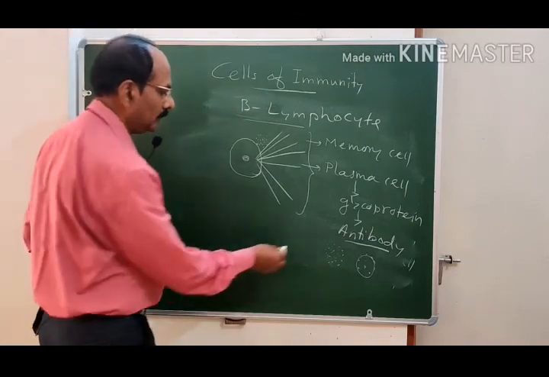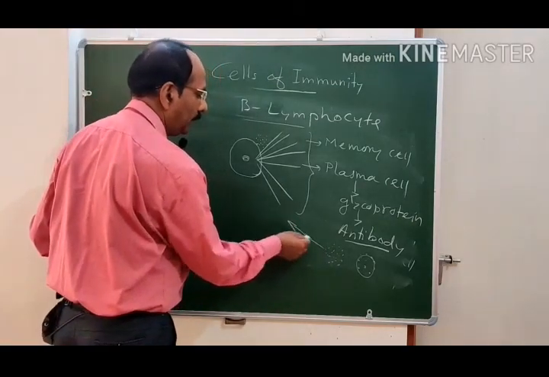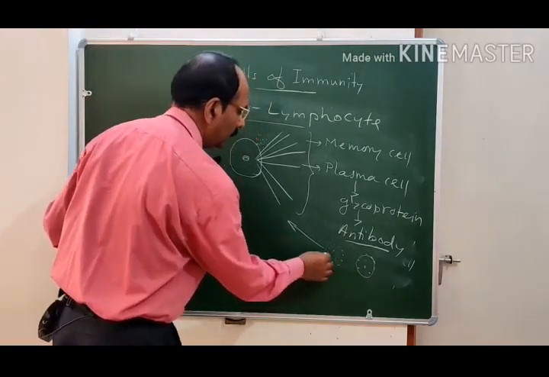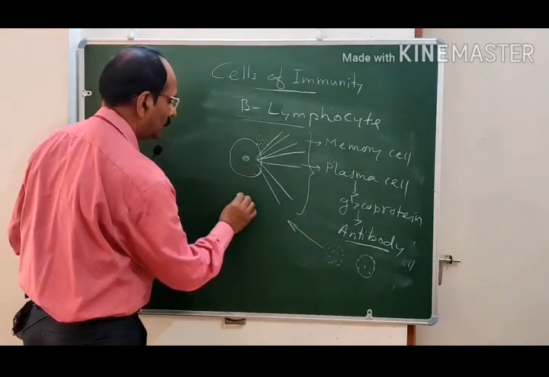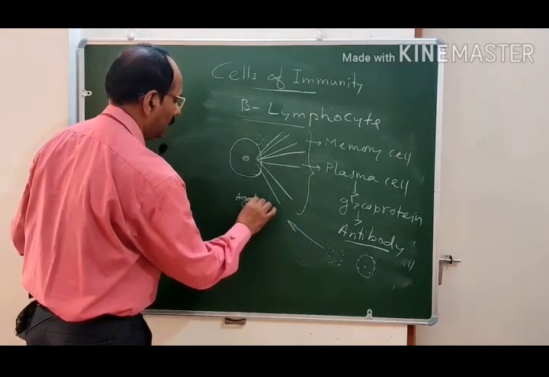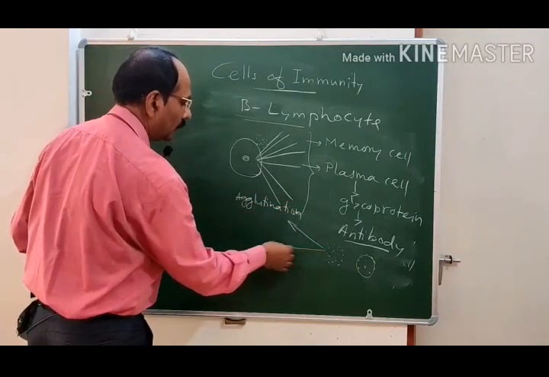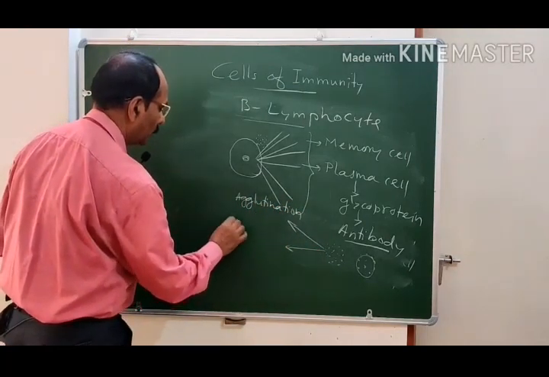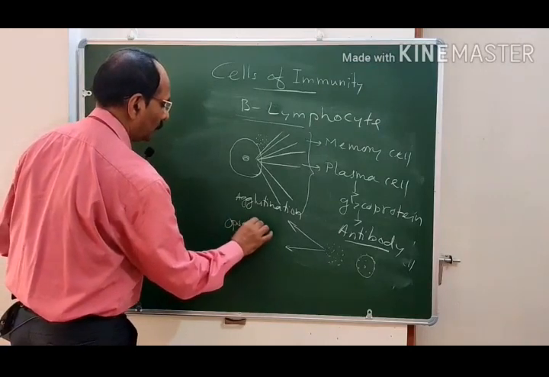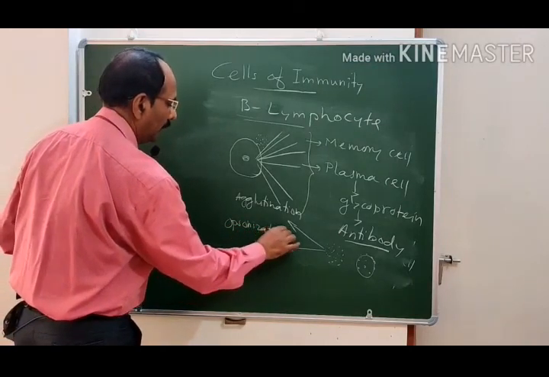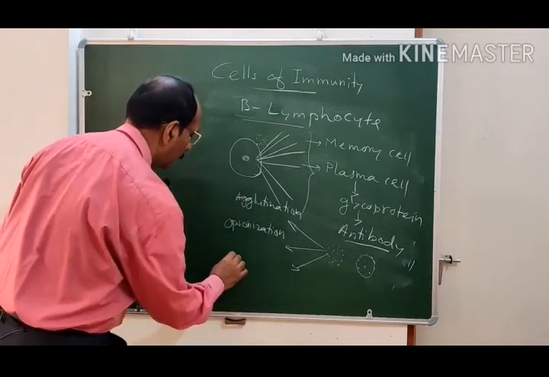What are the three functions? One function of the free antibody is agglutination. Another function is opsonization. And the third function is neutralization.